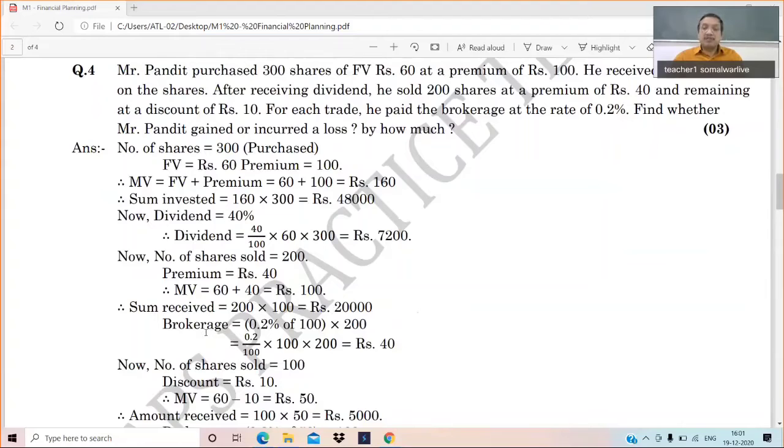But at this time we have calculated here, brokerage paid 0.2% of 100. That is brokerage on one share, and the number of shares sold was 200. So total brokerage paid was rupees 40.